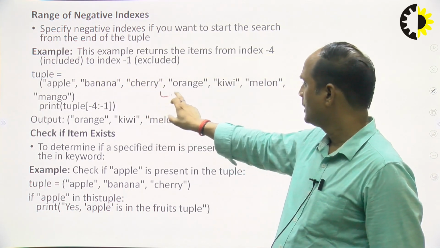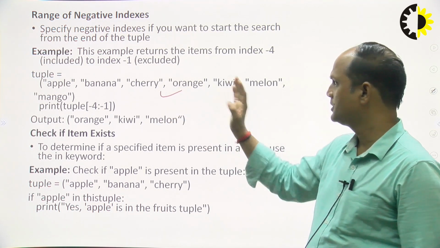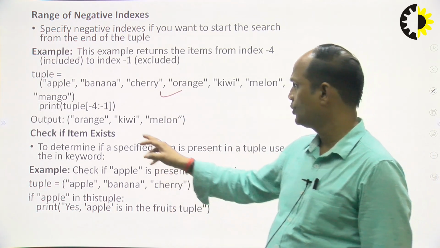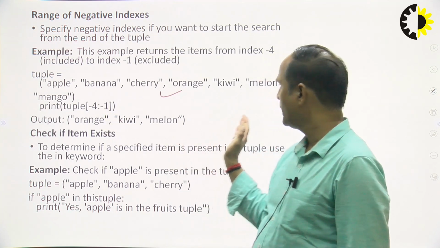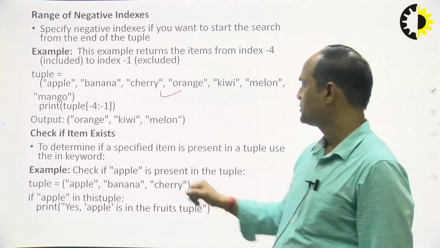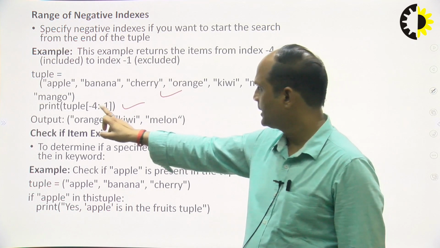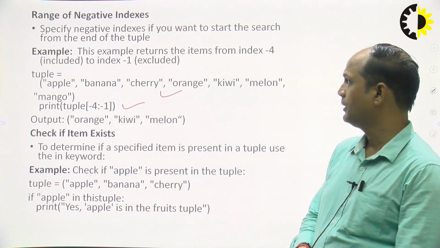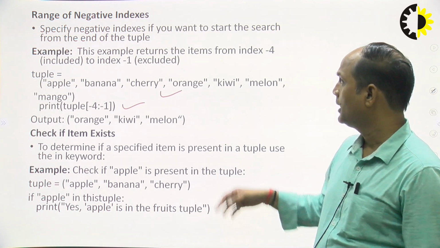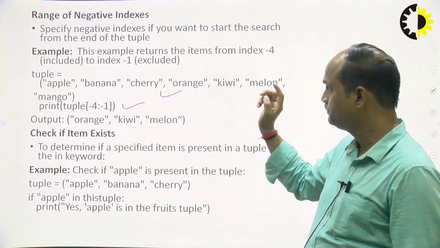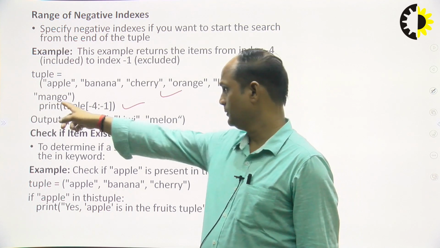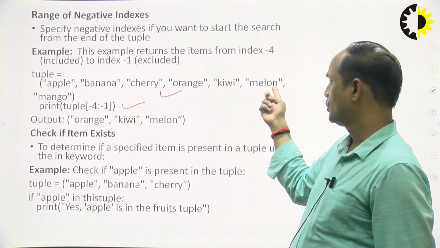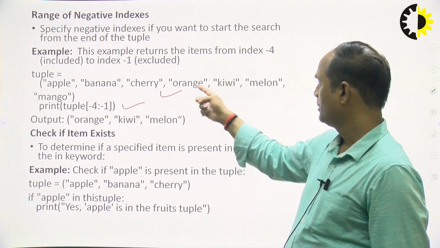Suppose we have a tuple of these particular items and we want to print from the end of the list. So we can pass -4 to -1. How will it work? -1 is mango, -2 is melon, -3, -4.